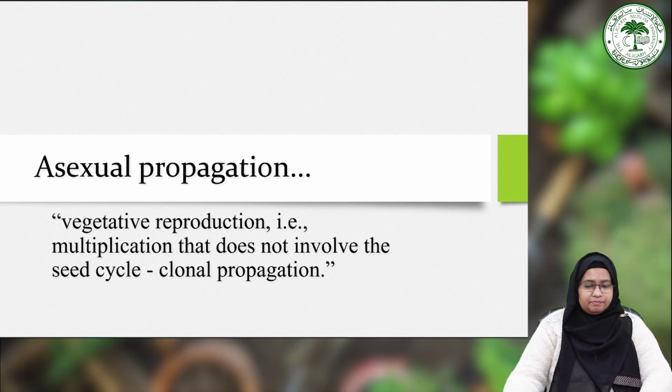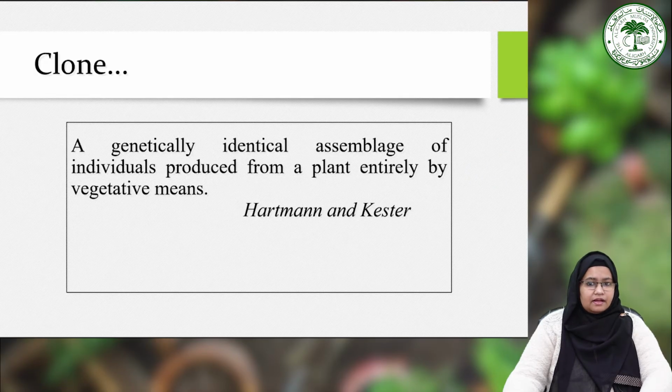It involves methods like cutting, division, layering, grafting, budding and tissue culture techniques. These techniques are commonly exploited mainly to produce horticultural plants. A genetically identical assemblage of individuals produced from a plant entirely by vegetative means is called a clone, as defined by Hartmann and Kester.